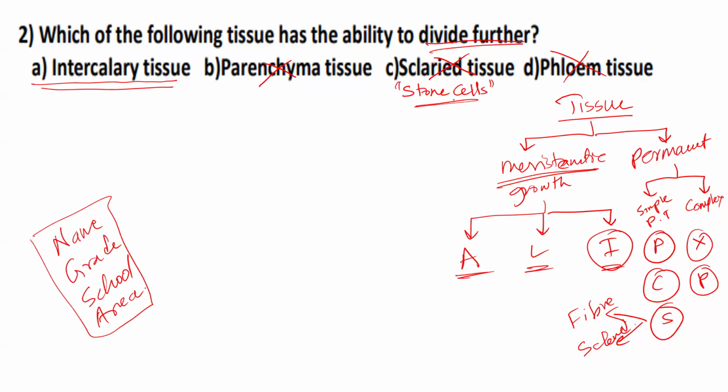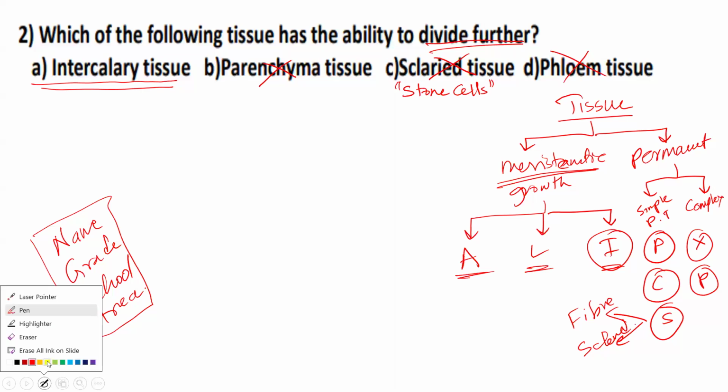In 2024, the first question itself they asked what is related to stone cells. Because their cells are very strong, like stones. You get a gritty feeling when eating the guava fruit, and on the peel we have small dot-like things. Those are scleroids. So here the answer is intercalary. It's a meristematic tissue.